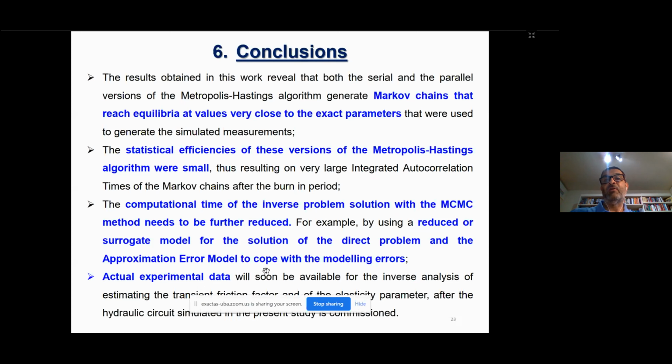We hope that next month or so we'll be able to come back to the laboratory and complete the installation of the instruments to run the hydraulic circuit and actually characterize our circuit with this inverse analysis that was presented to you with simulated measurements.